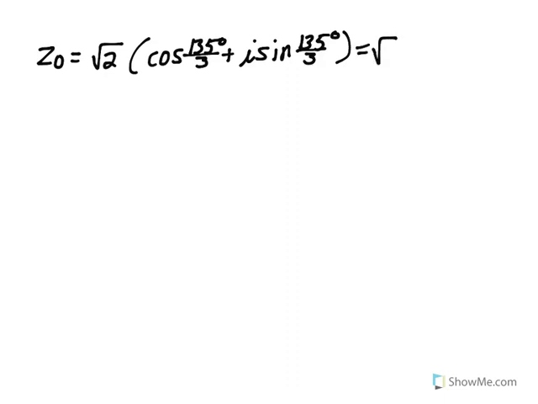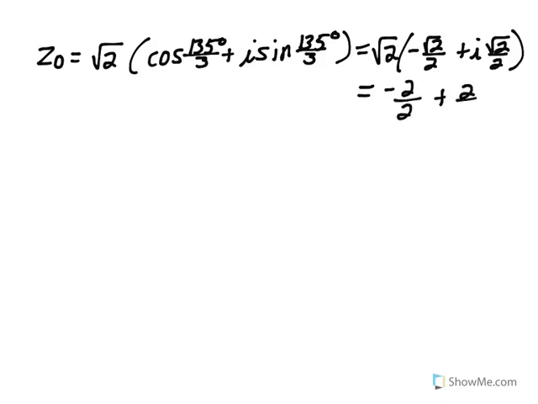We'll get square root 2 times negative root 2 over 2 plus i square root 2 over 2. So it's going to be negative 2 over 2 plus 2 over 2i, which just comes out to negative 1 plus i for our first one.